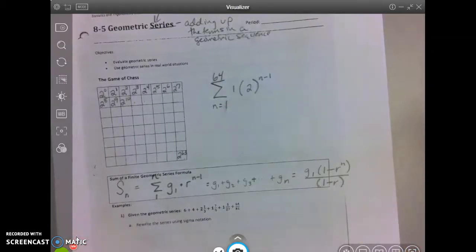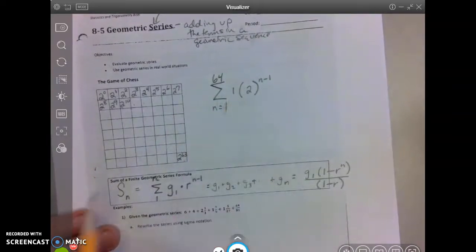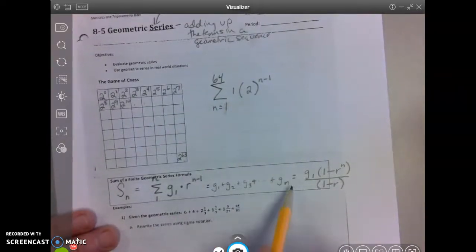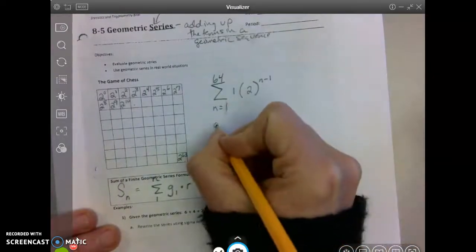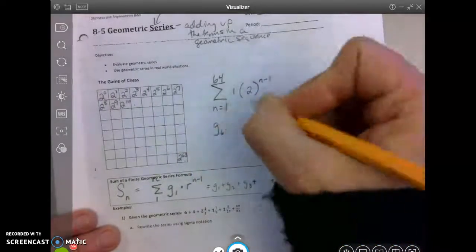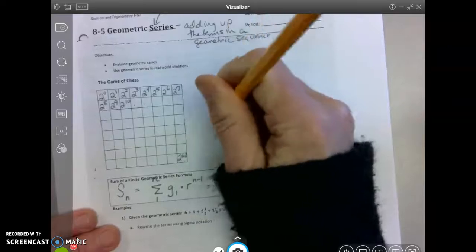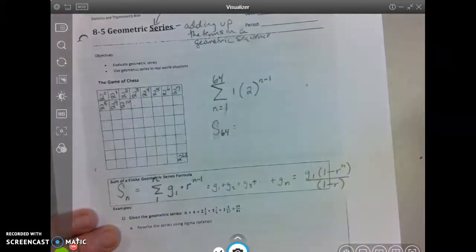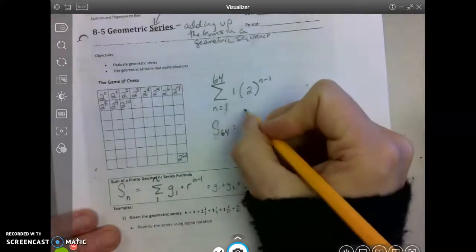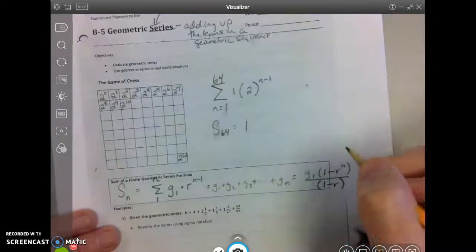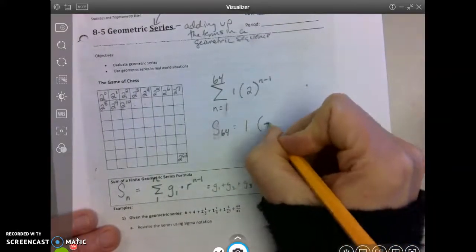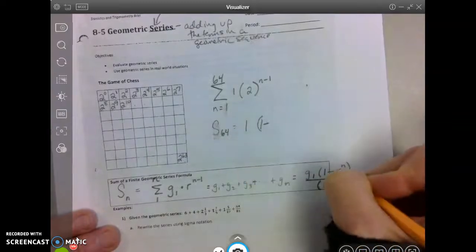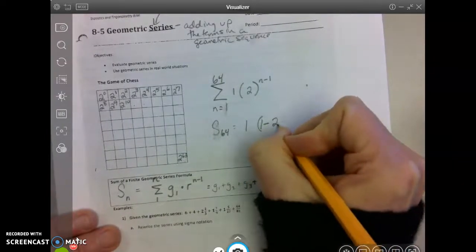So let's use that actually for the chess example, okay? Let's see how many heads of grain that would be. So, s sub 64 is the first term, which would be 1 head of grain, okay? 1 minus, my common ratio is 2.